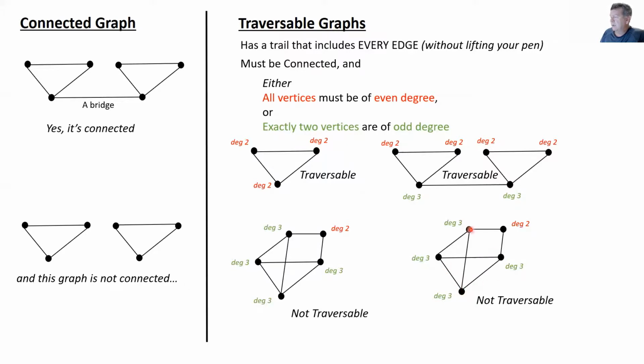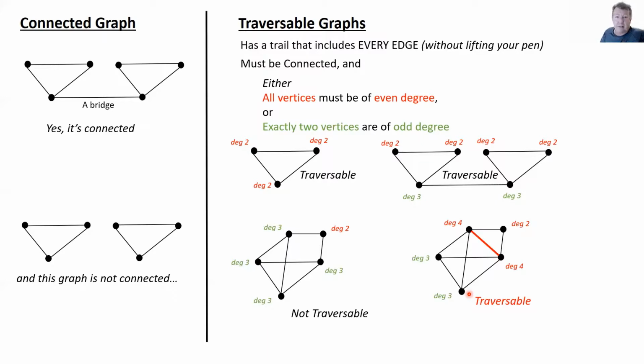We could simply add a path between those 2, like that. Now that would change the degree of that one to 1, 2, 3, 4. And this one down here, 1, 2, 3, 4, that's degree 4. And all of a sudden it becomes traversable. You start down here and go 1, 2, 3, 4, 5, 6, 7, 8. Got all the way around it.